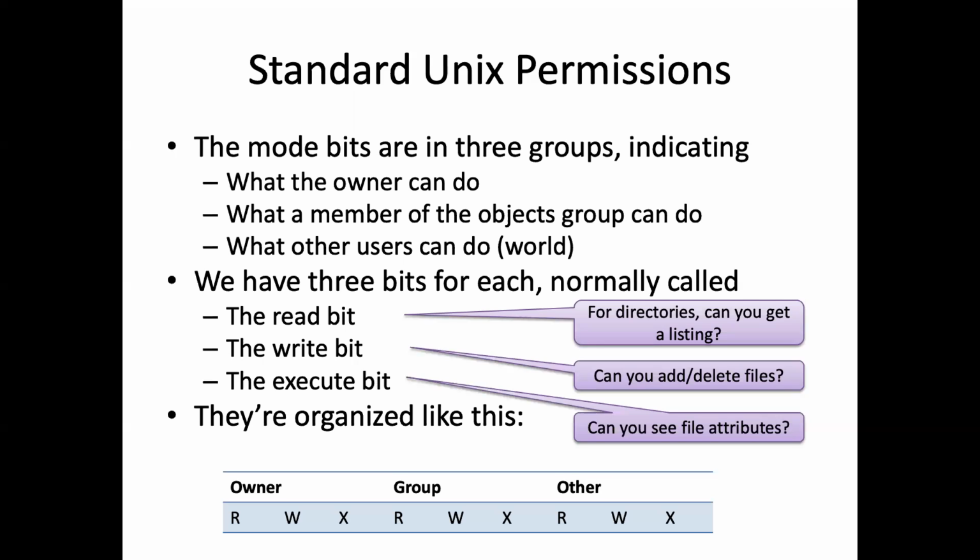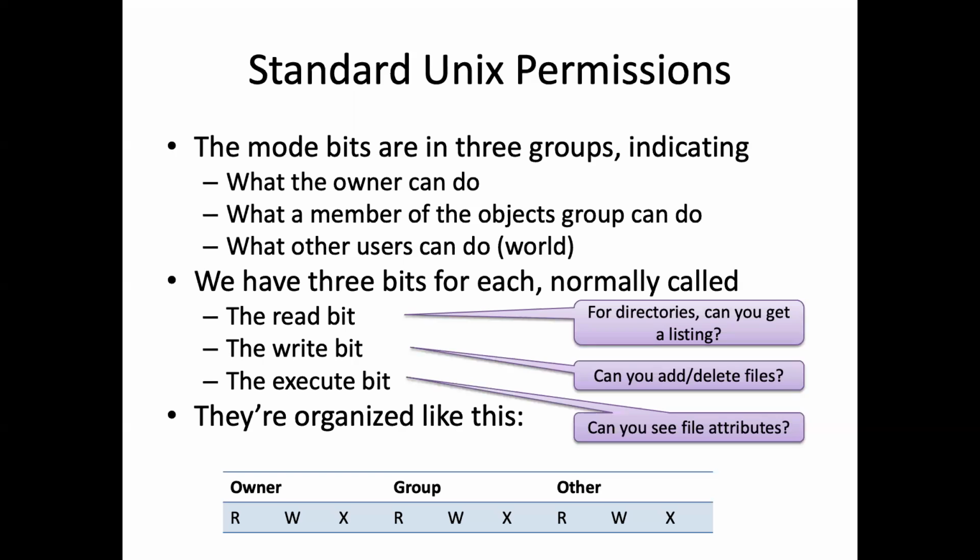And the execute bit, for a directory, I don't know if execute makes sense or not, but they use that same bit to indicate whether or not you can see attributes for files in that directory. So can you see who owns them? Can you look in subdirectories for those?